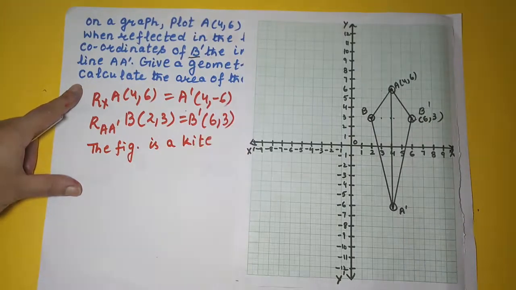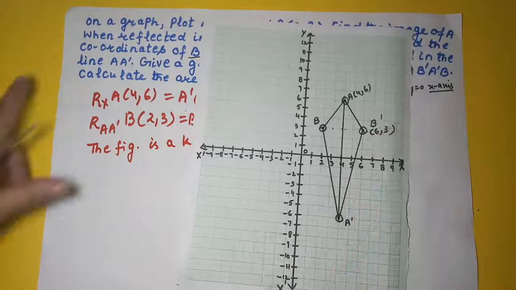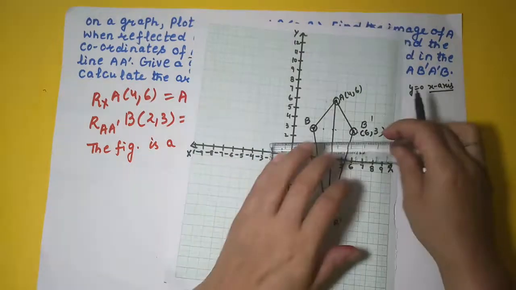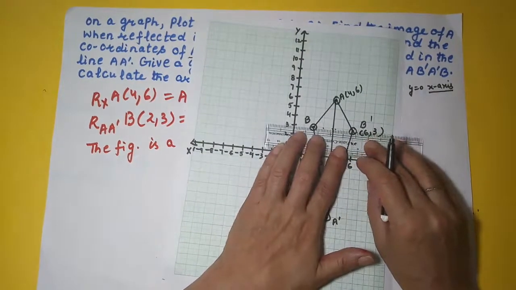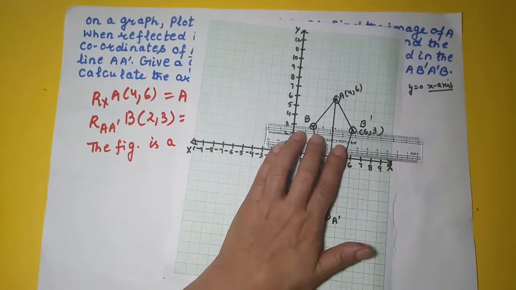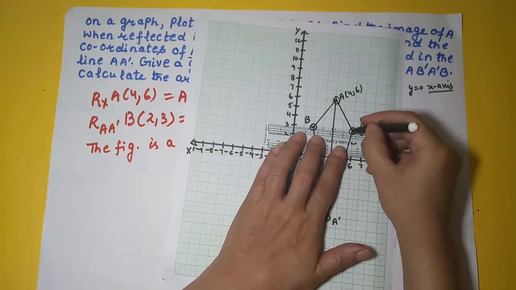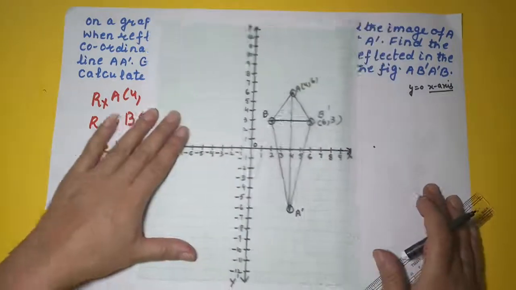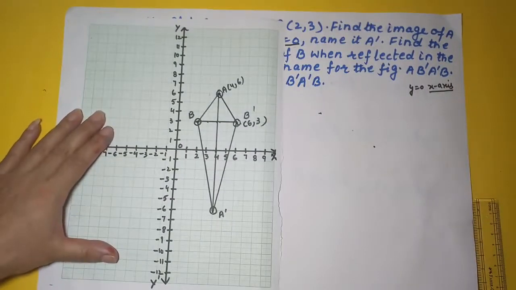Now he wants us to calculate the area of this figure. How do we calculate the area of this figure? We don't have any particular formula for that. One thing that we can do is, if we join this BB dash, we can convert it into 2 triangles. What are those 2 triangles?